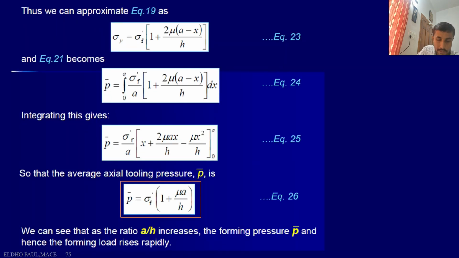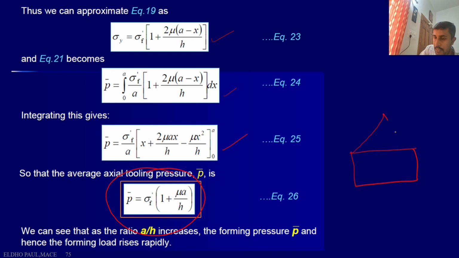After approximation, we convert the exponential term into 1 plus x, and we got this equation. Then after simplification, I am not going to explain all the steps, we got the average pressure: sigma dash f into 1 plus mu a by h. That is the average pressure required for the deformation of the workpiece.